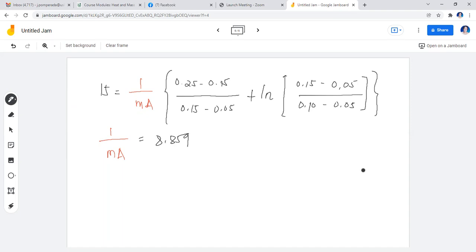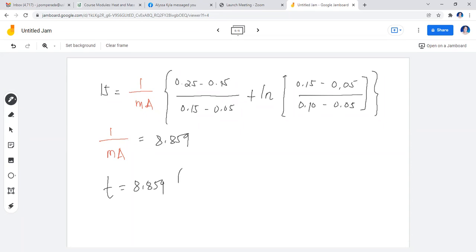8.859. This 1 over MA, since we're talking of the same material, the same area to be dried, would be the 1 over MA that we will be using on our next set condition. In that next set condition, the only thing that will change is the initial and the final moisture content. Okay, so we'll have the T now for the condition we're in. We are to find the drying time. It would be 8.859.